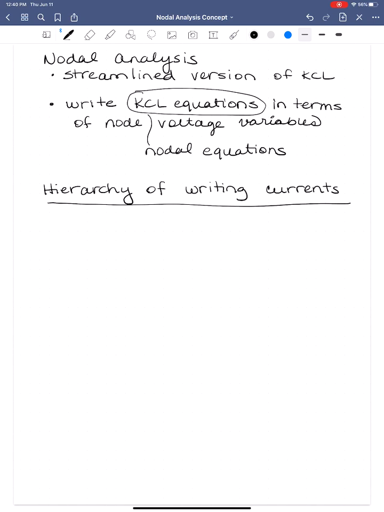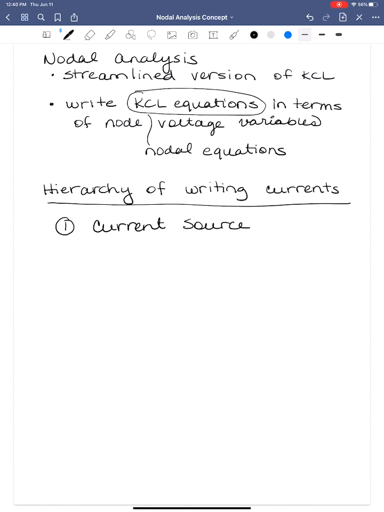There are only three ways we can write down a current in this class. At the top of the hierarchy, and perhaps the easiest one, is: do we see a current source? Because if we see a current source, it doesn't matter what else is with that current source. It could be in series with a million resistors. The current is still that current source. So we know what the value is. The current is just the value of the source.